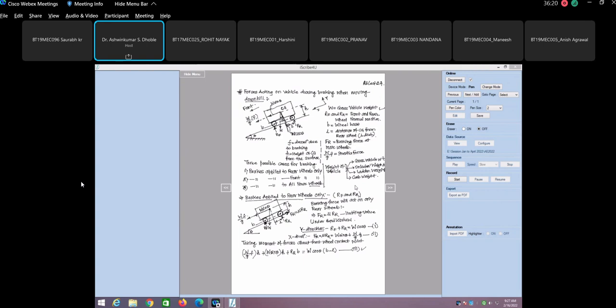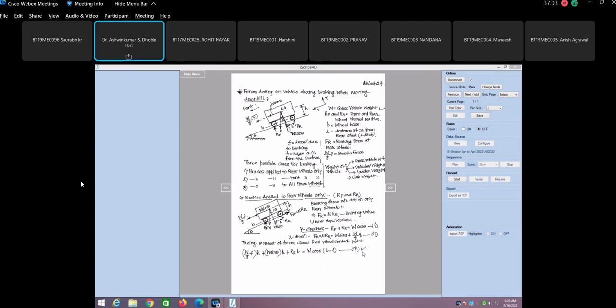Then W sine theta into H. So that distance we have seen. Then Rr into B, this total distance is the wheel base, so Rr into B. So all these moments are in the same direction, that is the anti-clockwise direction. That has to be balanced by W cos theta, because W cos theta is acting here. This angle is going to be theta. So W cos theta in bracket B minus L, this is your equation number 3.